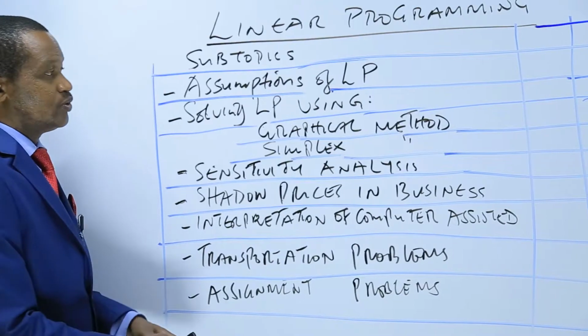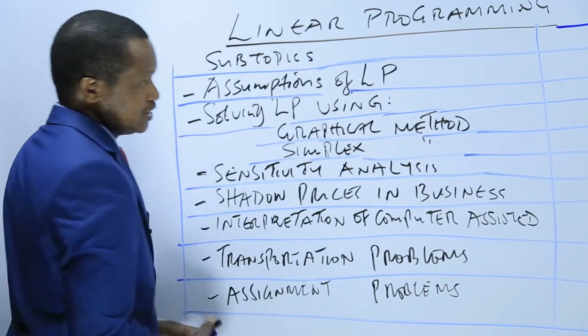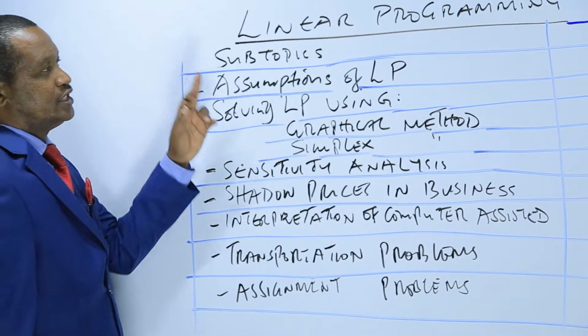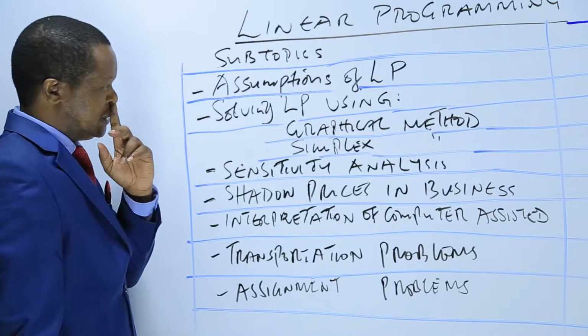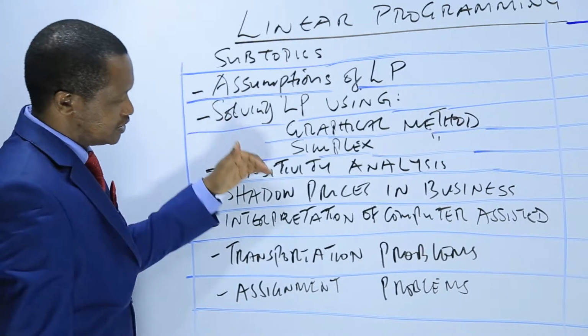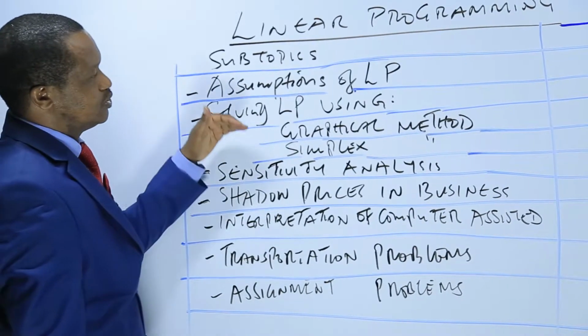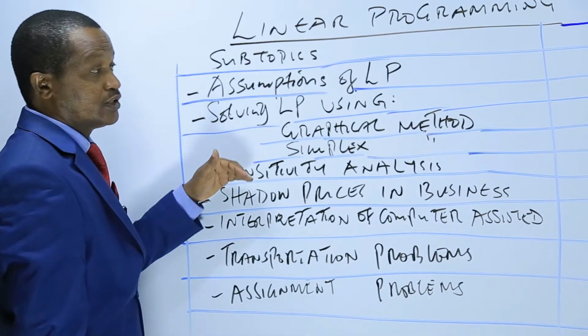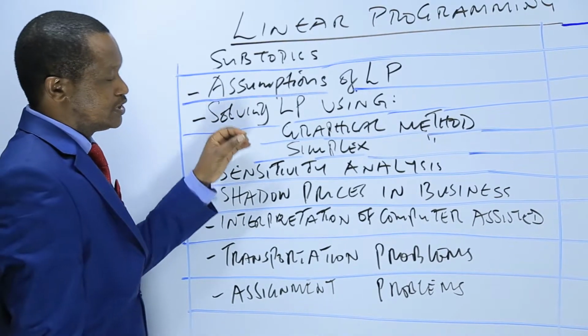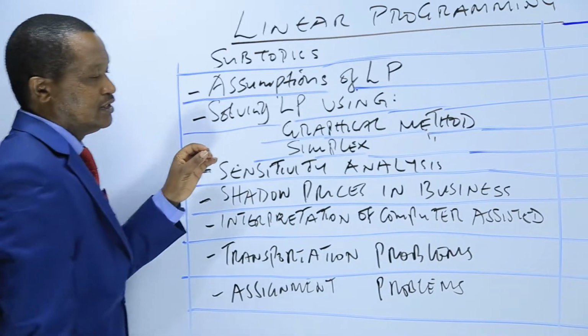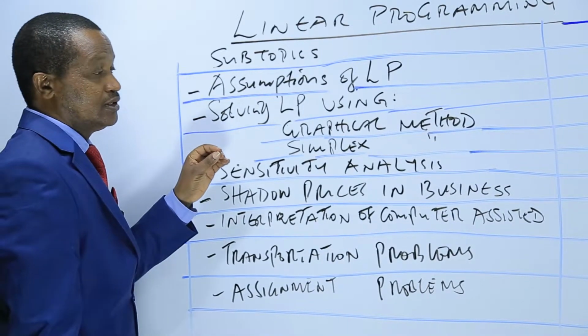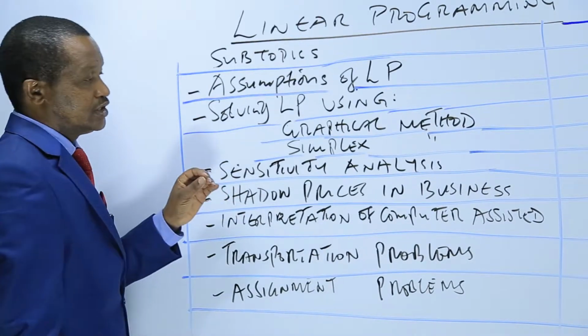So the scoping will be done for all the topics. Then coming to the linear programming topic, you will check out of these subtopics which one you are not comfortable with, which subtopic you think is difficult for you. That's where you begin.